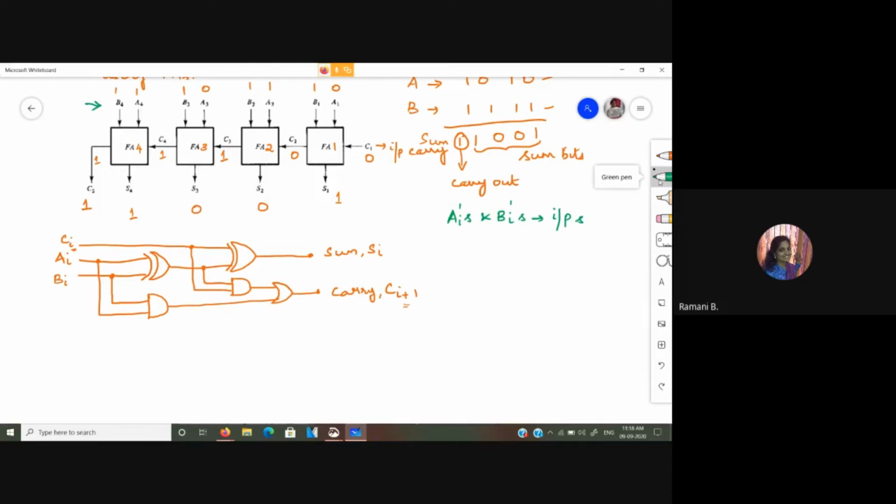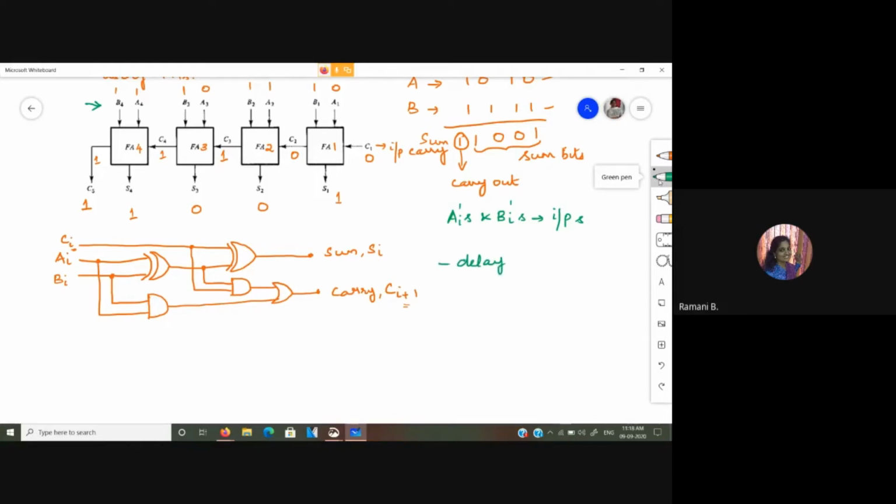Can you understand that? So only when the carry gets propagated through all of these full adders will you get the final correct sum output and the output carry, right? So this gives you a delay.